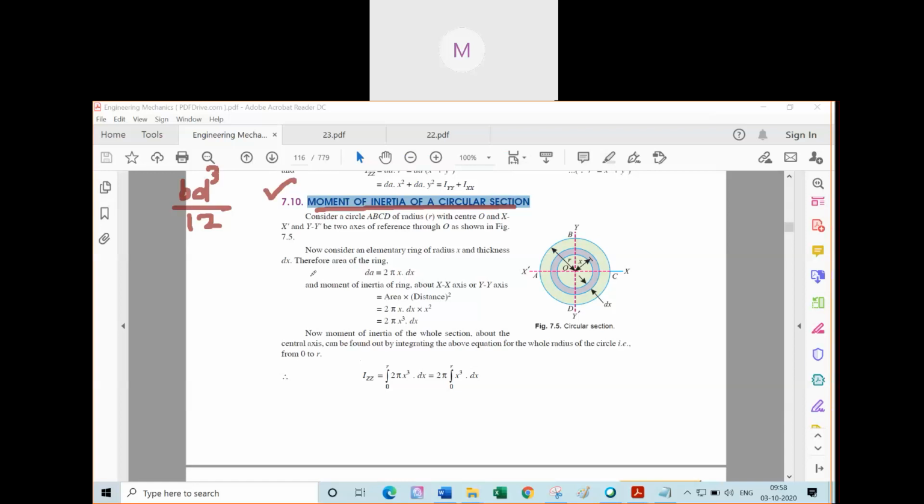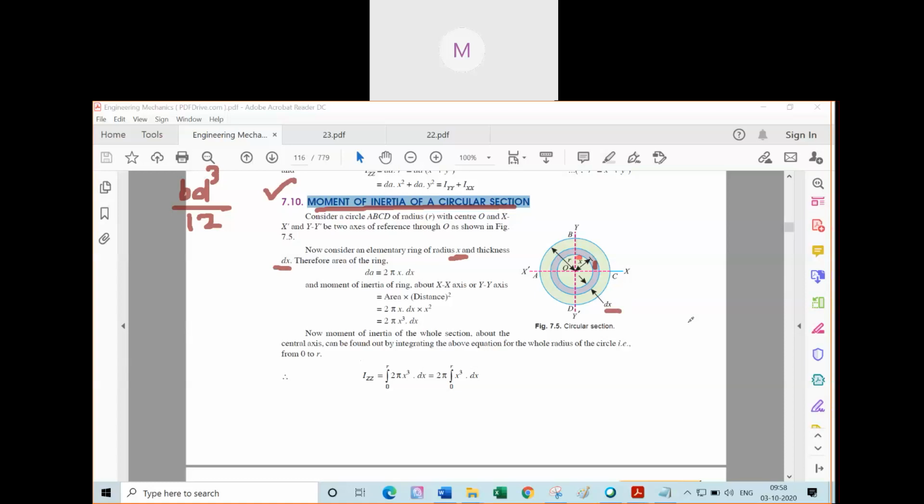Now look, consider an elementary ring of radius x and thickness dx. Now this is an elementary ring, this purple color. So this is having a radius of x and thickness of dx. That means the thickness of the ring is dx and it has a radius of this x.